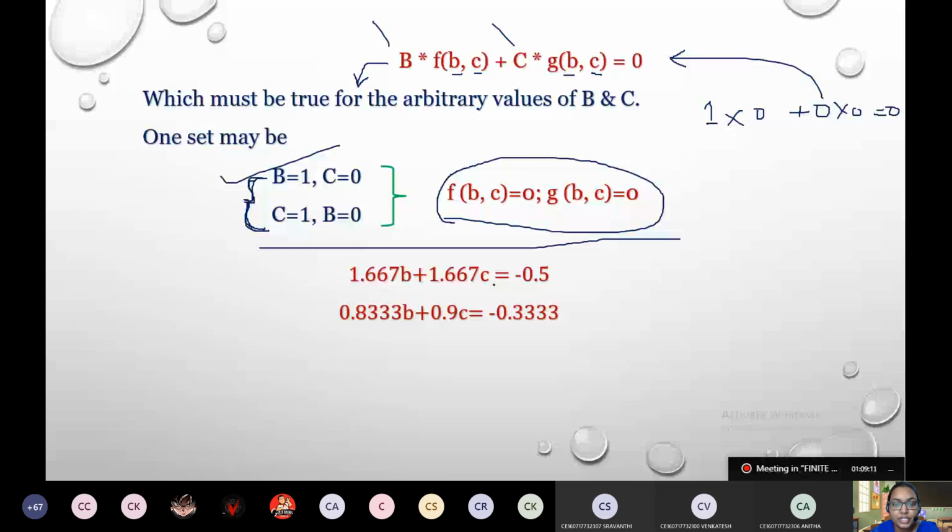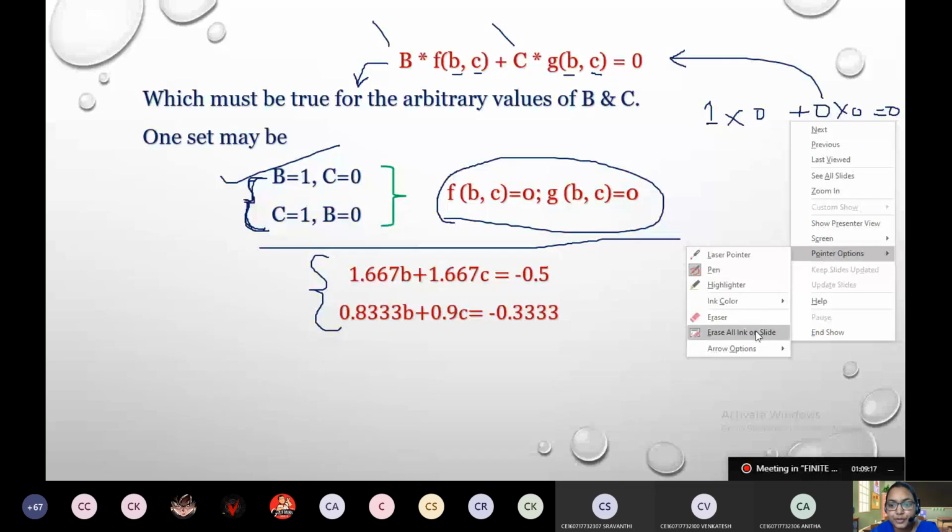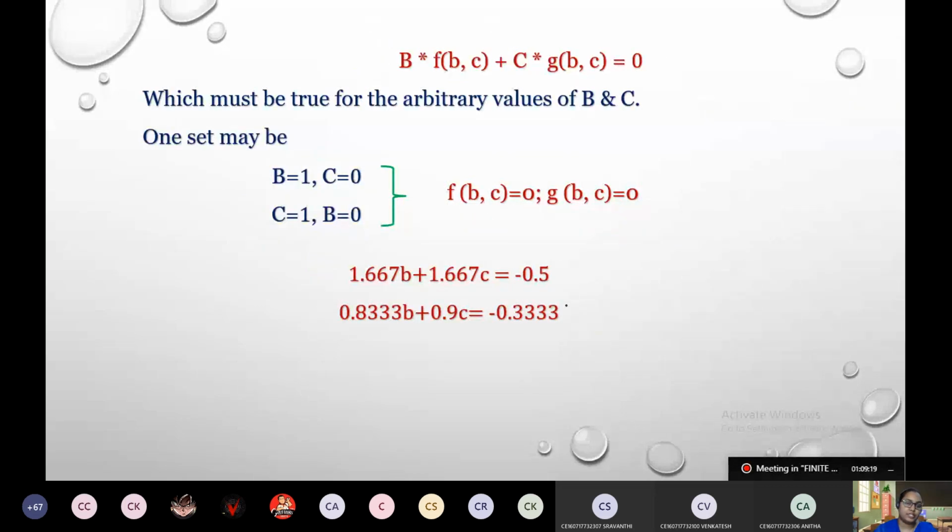When you substitute, at the end we will reach these two equations. Now what you have to do is solve those two equations for b and c. Two unknowns are there, two equations are there. Their degree is only 1, there are no square terms, right?